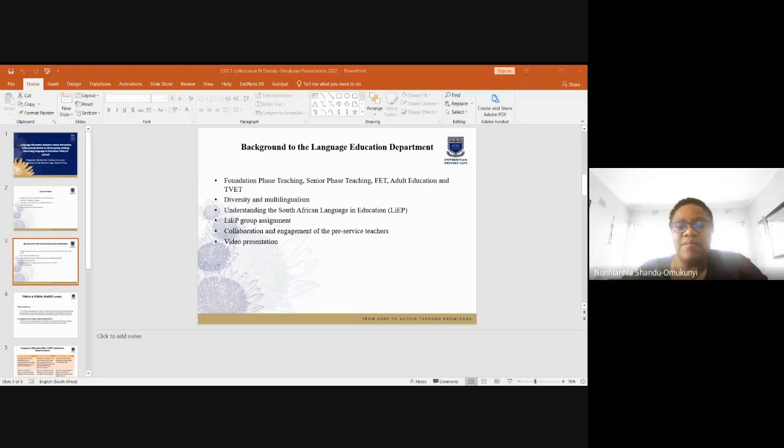Although the faculty is in the Western Cape, we prepare our students or our student teachers to understand that each and every child comes from a diverse background. So those are enshrined in the constitution of the country as well as in CAPS.